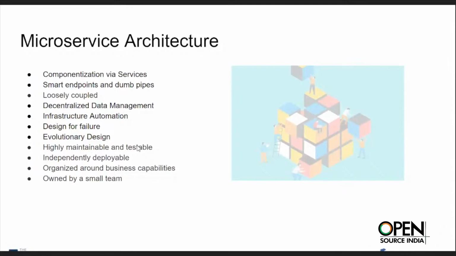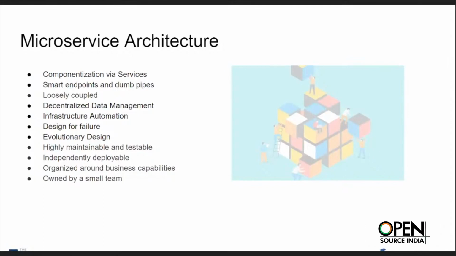Also, the benefit of microservices is that we have an evolutionary design. That means if a new technology comes along which solves a current business problem really well, and we want to adopt that, it can be easily done in microservices as compared to the monolithic. Since the microservices are small, we can get rid of the existing microservice and bring in the new technology to solve the business problem.